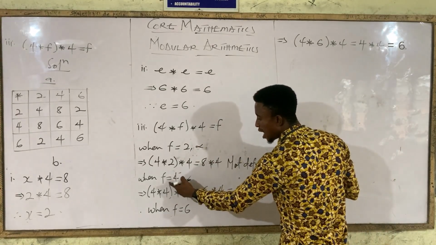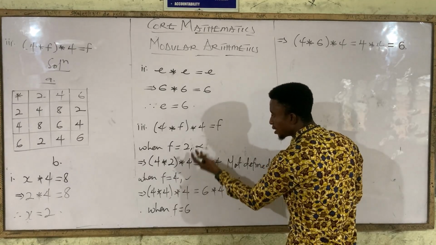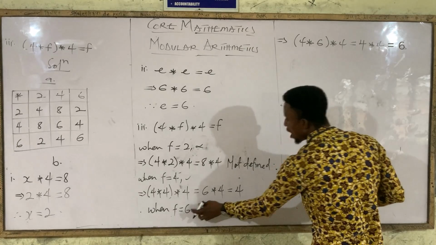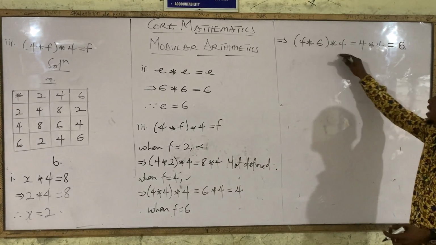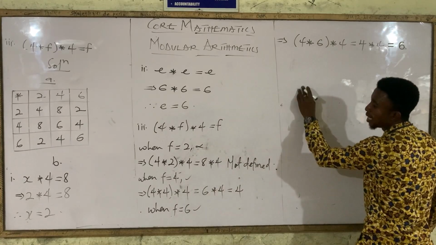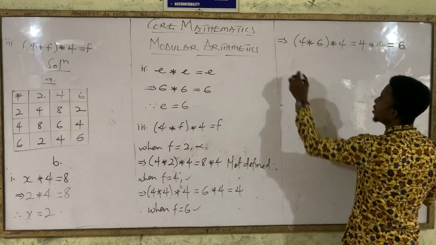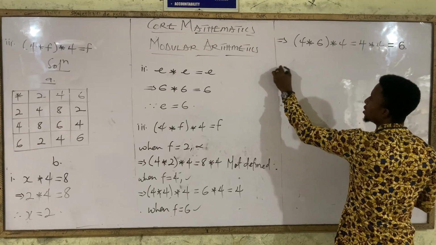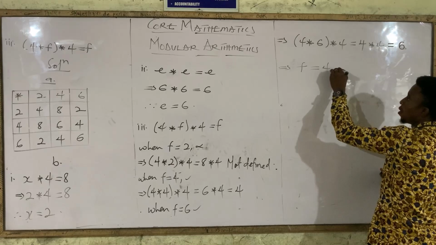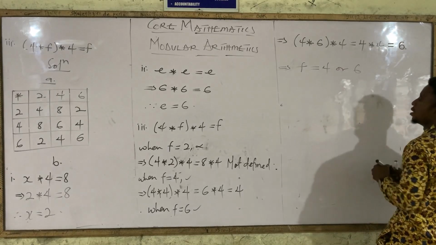Then we put f to be 4 inside this, and it gave us 4. So this one is 1. And putting f to be equal to 6 also inside, it gave us 6. So we can say this one too is another one. So this implies that f is equal to 4 or 6.